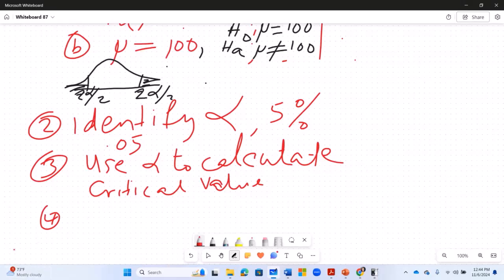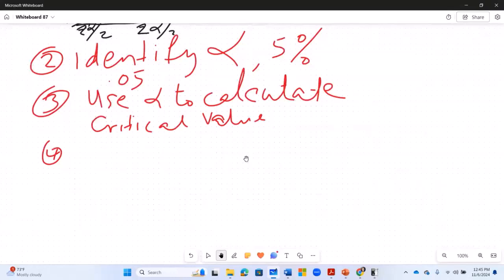calculate the test statistic. And it depends on the kind of test you're doing. If you are doing a z-test, there are 3 kinds of test statistics.